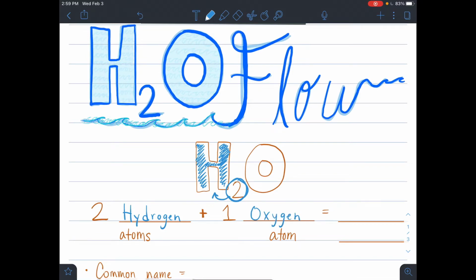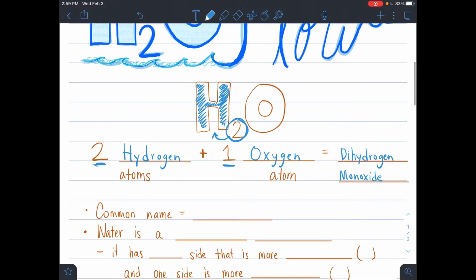So when we have both of these combined, since we have 2 hydrogens, we use the prefix di, so we're going to say dihydrogen. And we only have 1 oxygen, so we say mono for oxygen, monoxide. So dihydrogen monoxide is the chemical name or the molecular name for, and let's write molecule name, the name of the molecule.